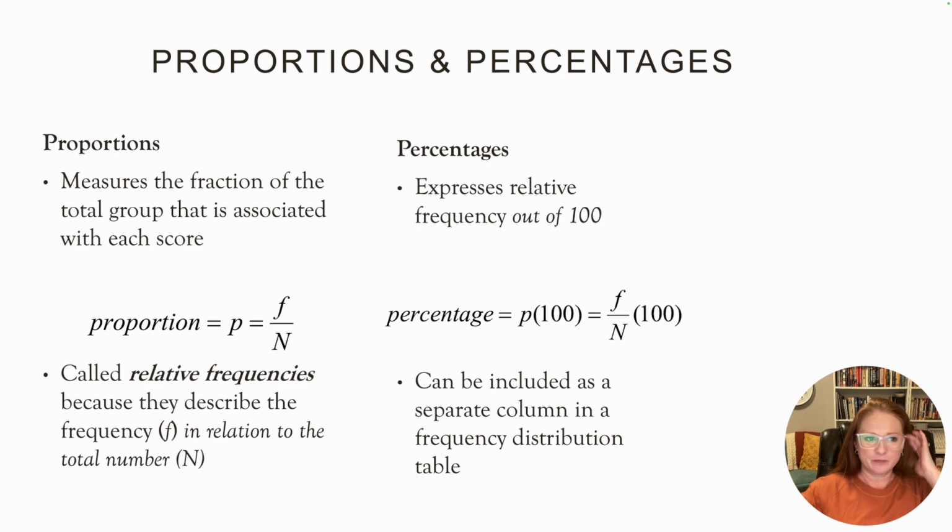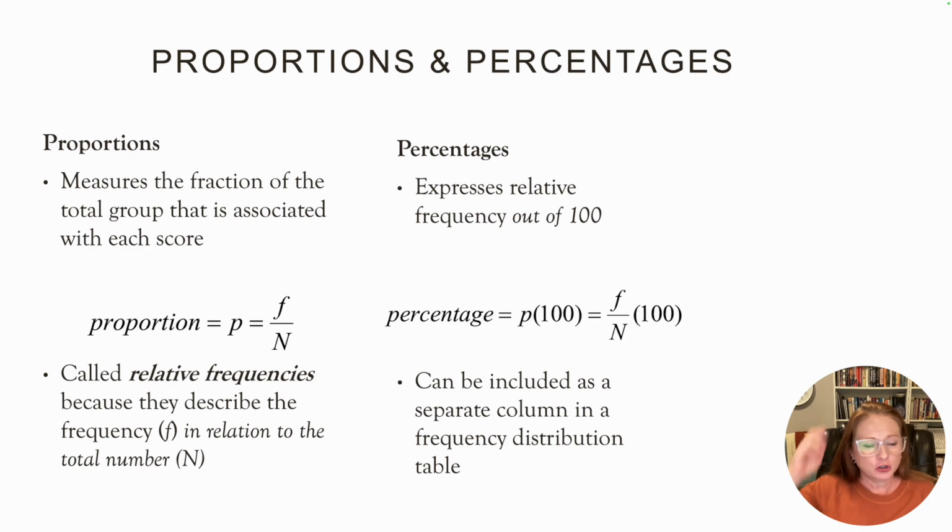So proportion is going to measure that fraction of that total group. A percentage expresses that score, right, relative to the frequency out of 100. Okay, so percentages will never exceed 100.